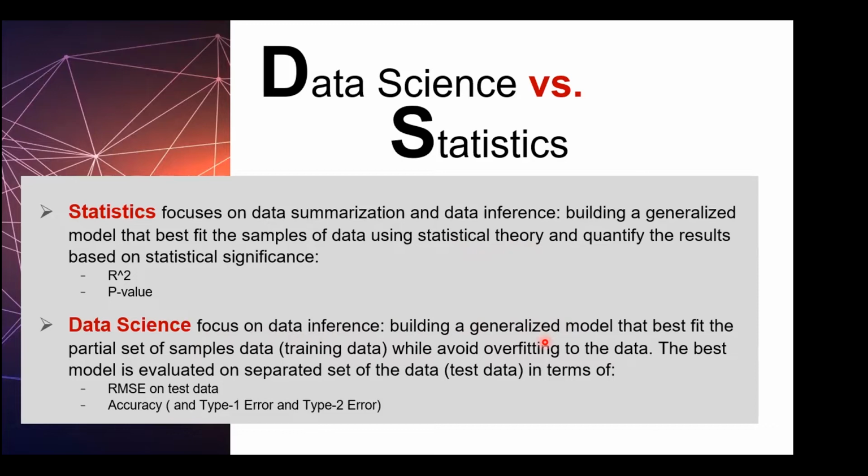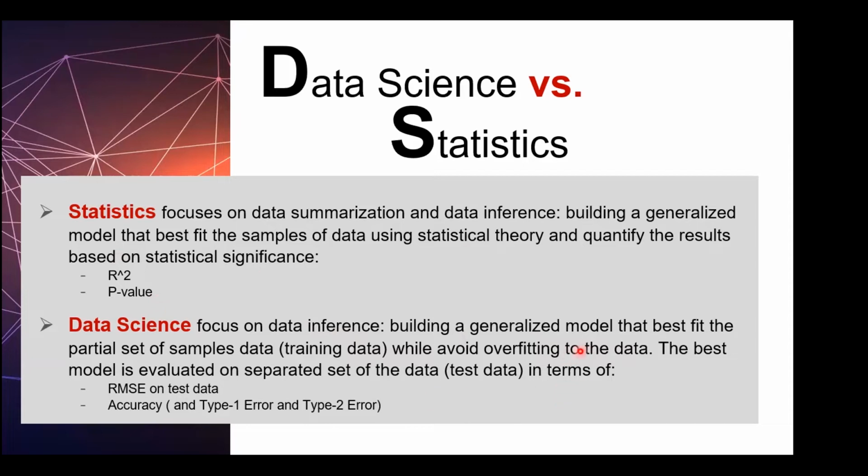But instead of using R-square and p-value to quantify the result, data science tries to separate the collected data into two sets. One set is called the training sample, and the other set is called the testing sample. The model is built on the training sample.